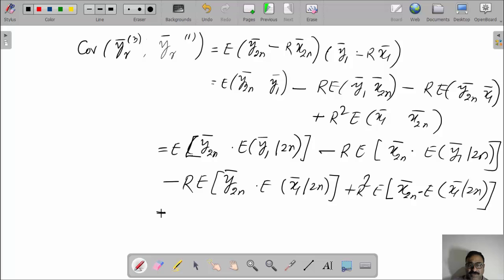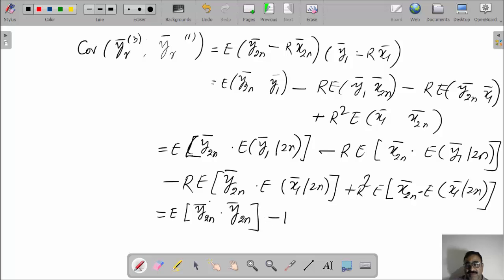Now this is equal to expectation of y2n bar into y2n bar, because expectation of y1 bar given the sample of size 2n will be y2n bar, because this 2n sample is split into two subsamples of size n each, and y1 bar is the mean of one of the subsamples.